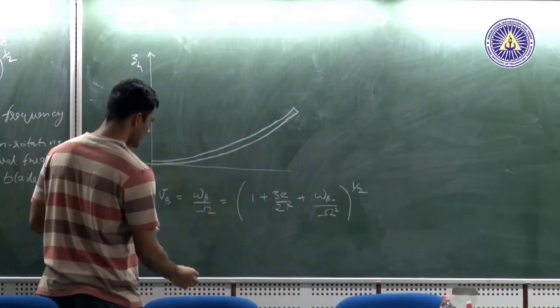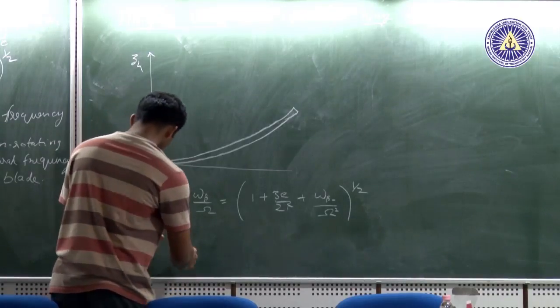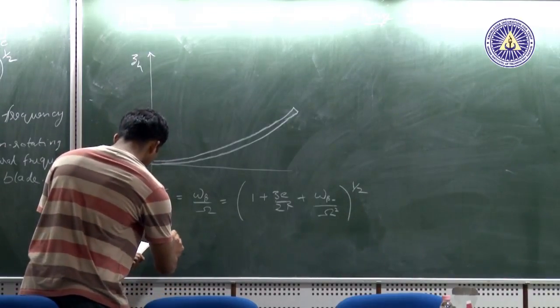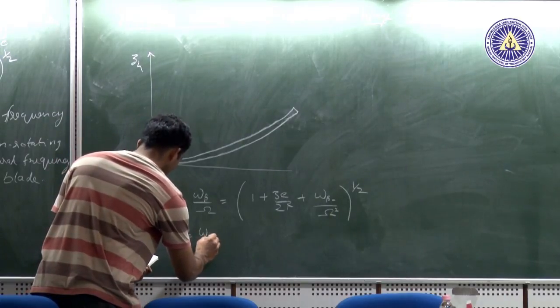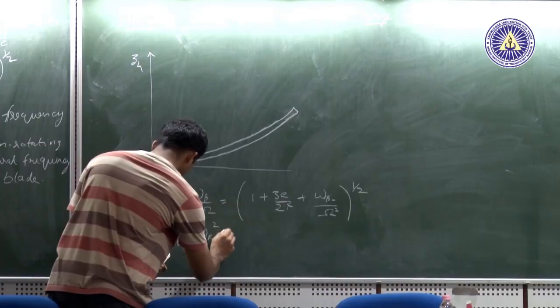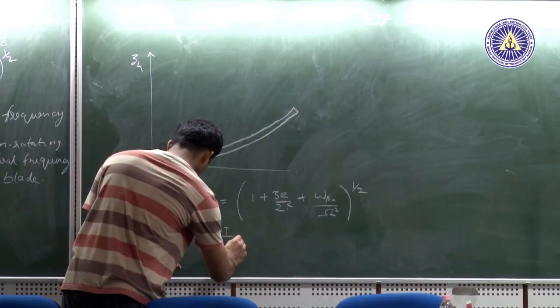And then k beta is given as omega beta naught squared times I beta.